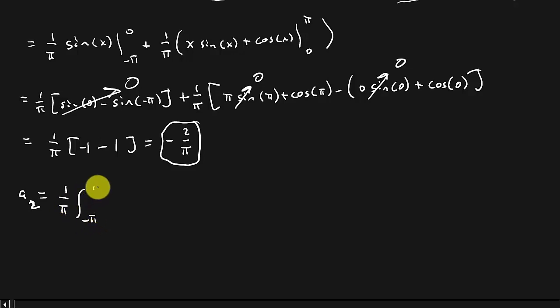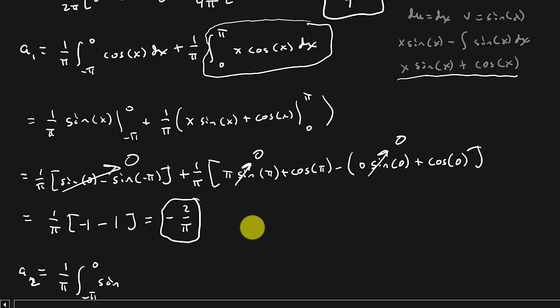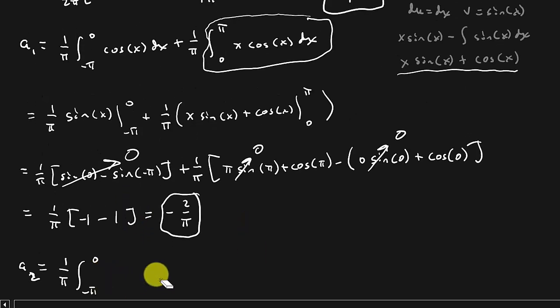That's negative pi to 0, and that's going to be not sine, that's going to be cosine x dx plus 1 over pi times the integral 0 to pi of x cosine x dx.